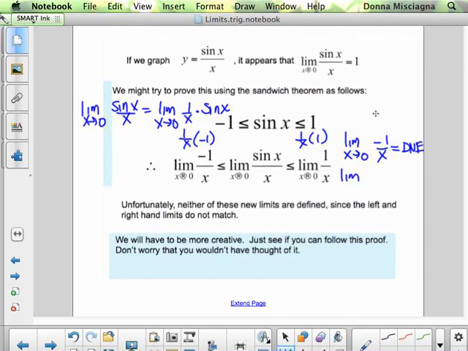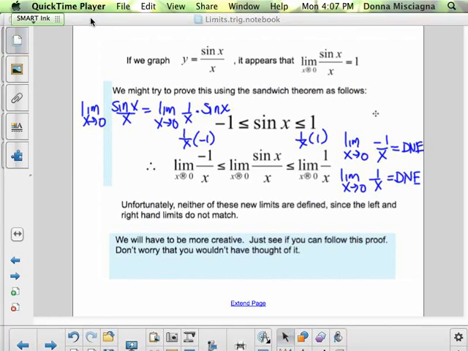And the limit as x approaches 0 of 1 over x also does not exist. Both of those functions are hyperbolas. They have a vertical asymptote at x equals 0, and the two sides of the function go opposite directions. So unfortunately, neither of these two limits are defined, since the left and right hand limits do not match for either of those limits. We will have to be more creative.